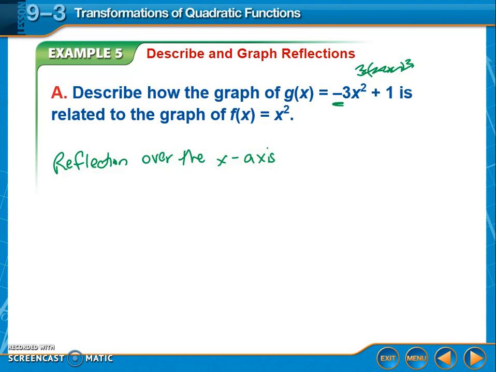Okay? And then what else do I change? I have that 3. What is 3? Is 3 greater than 1, or is it between 0 and 1? It's greater than 1. So that means that it's going to be a vertical stretch, and it's going to be by a factor of 3.